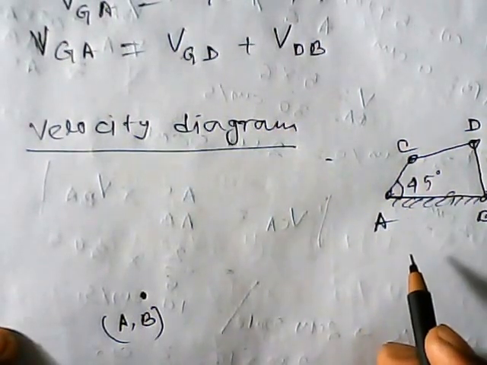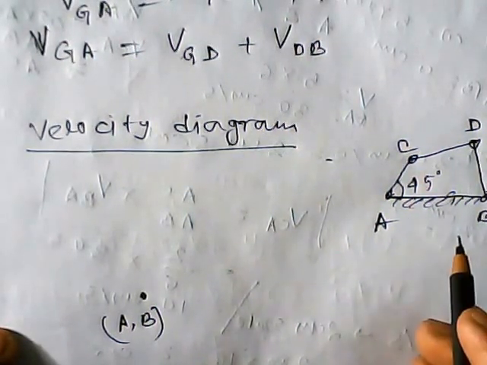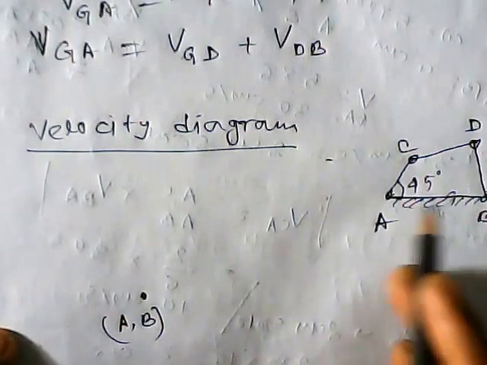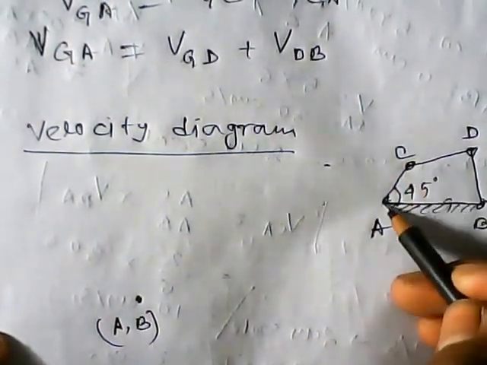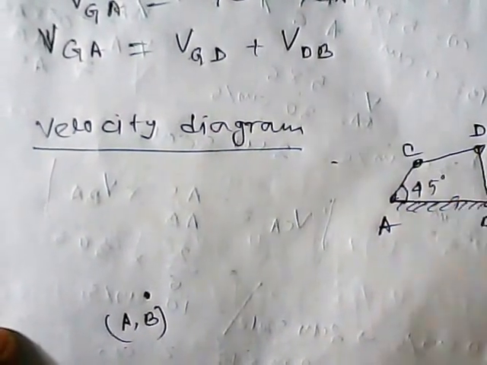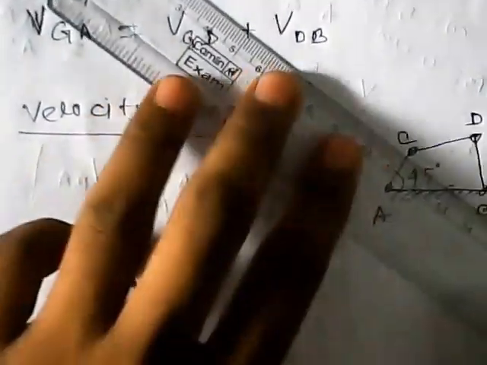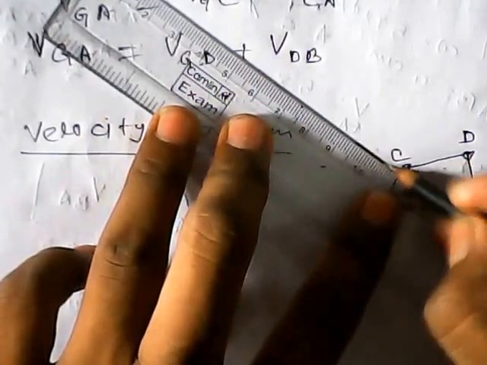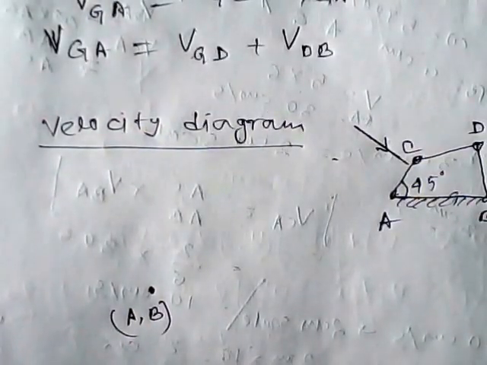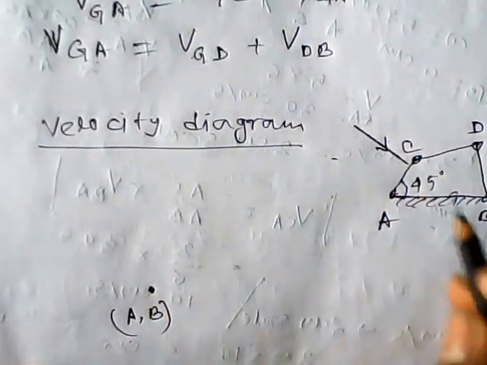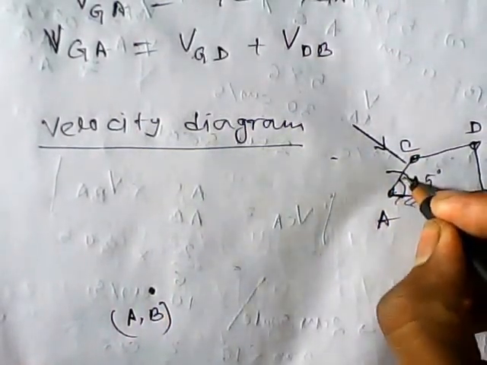So we have to find out the velocity of C with respect to point A, and we know the velocity is perpendicular to link AC, passing through point A.